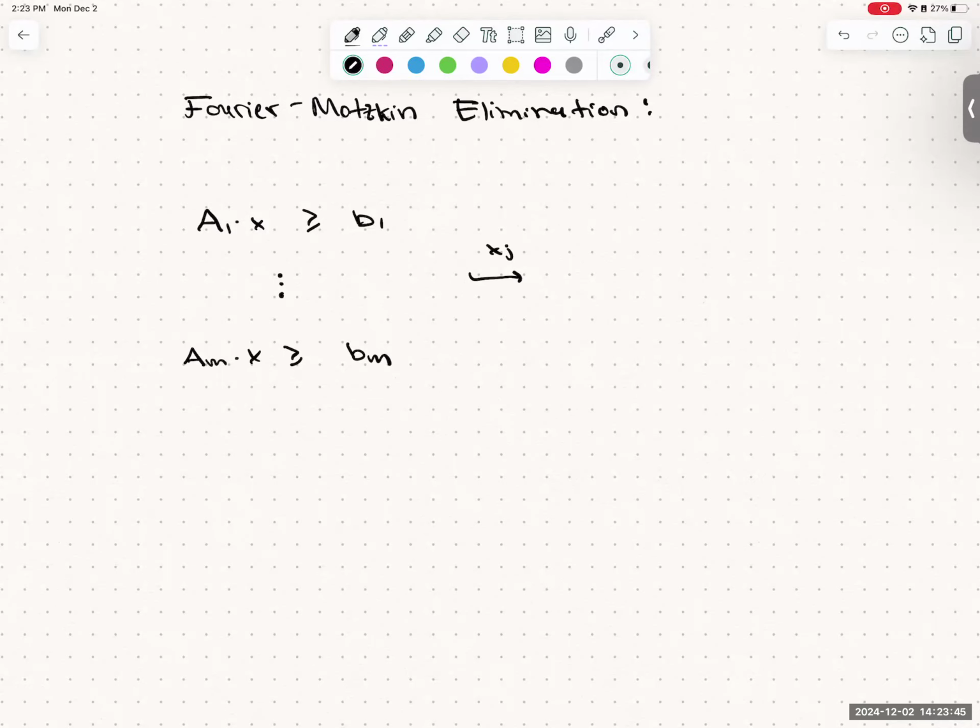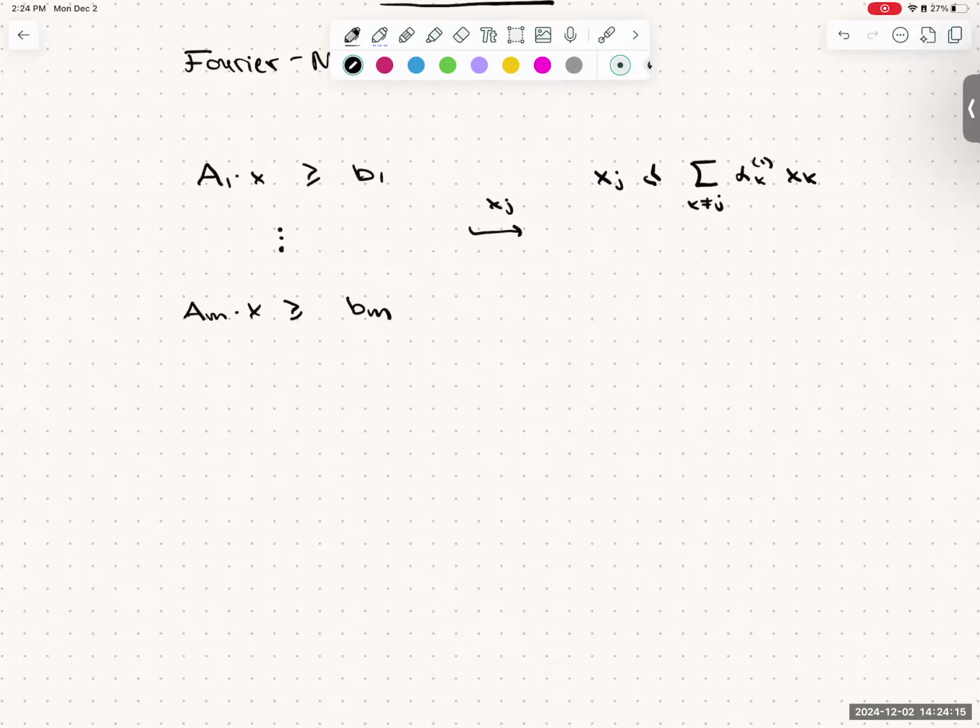will split these up into two pieces. I will look at xj being less than or equal to some linear expression, sum over k not equal to j of alpha k, let's say 1, 2 of xk. So I'm just rearranging these things. I have to split them up into two different cases: xj less than a linear expression, and xj greater than.